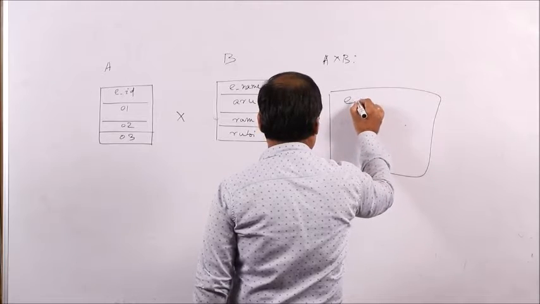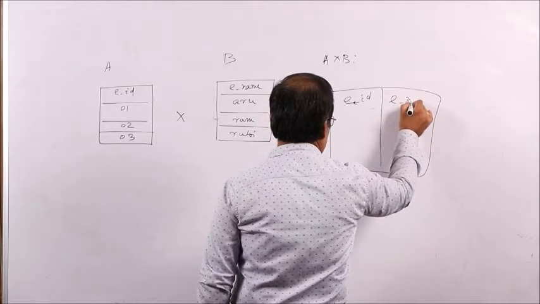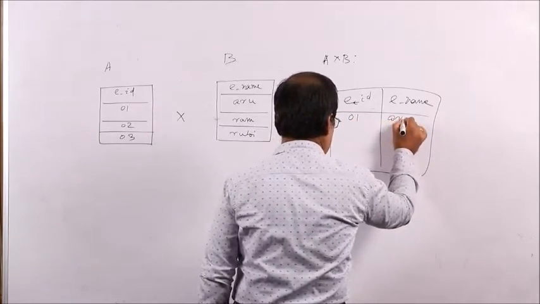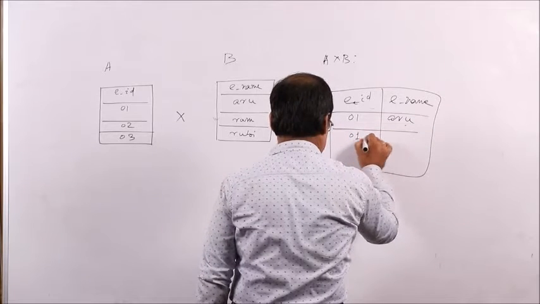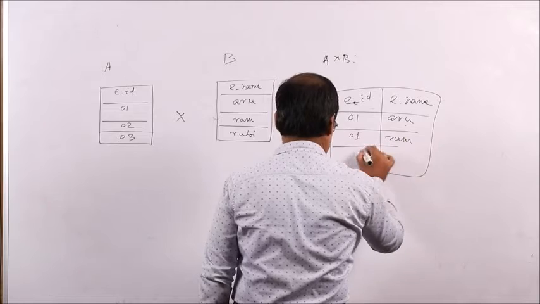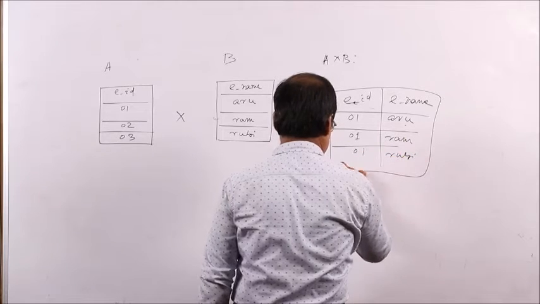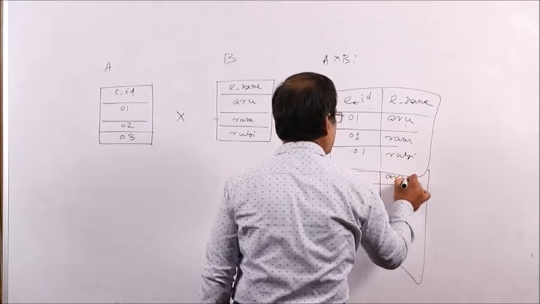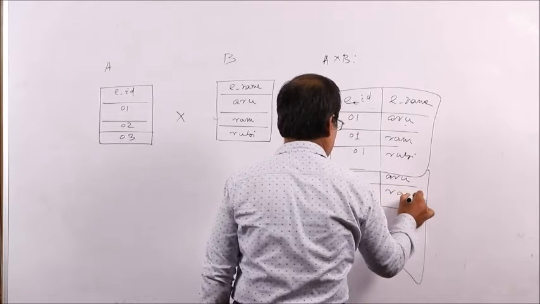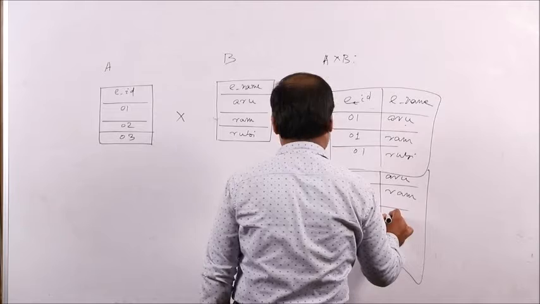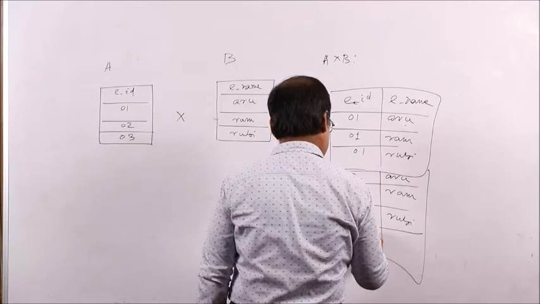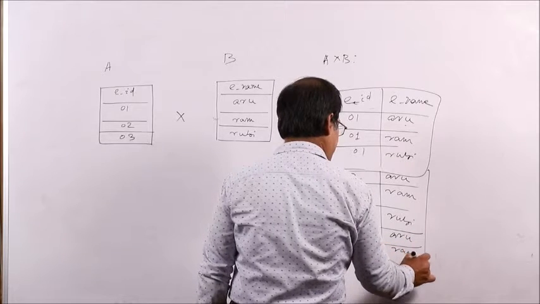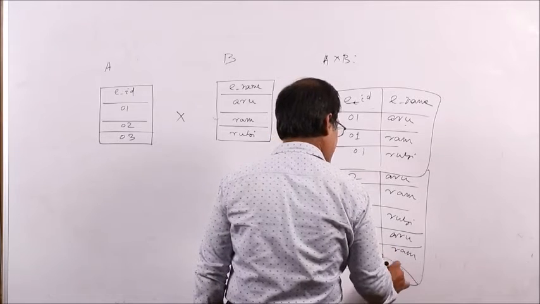The result is eid, ename: 01 Aru, 01 Ram, 01 Ruby, similarly 02 Aru, 02 Ram, 02 Ruby, similarly 03 Aru, 03 Ram, 03 Ruby.